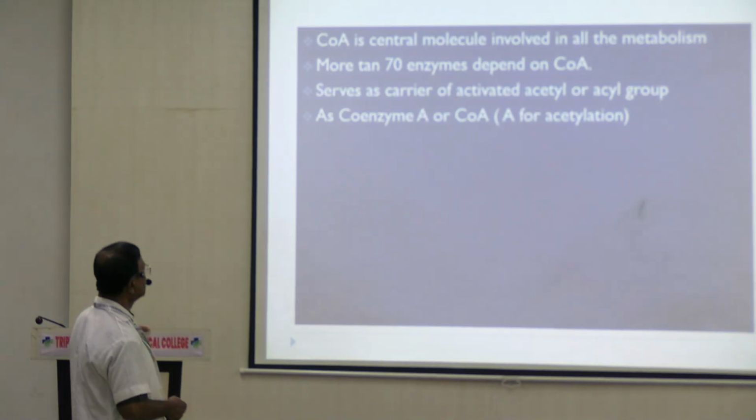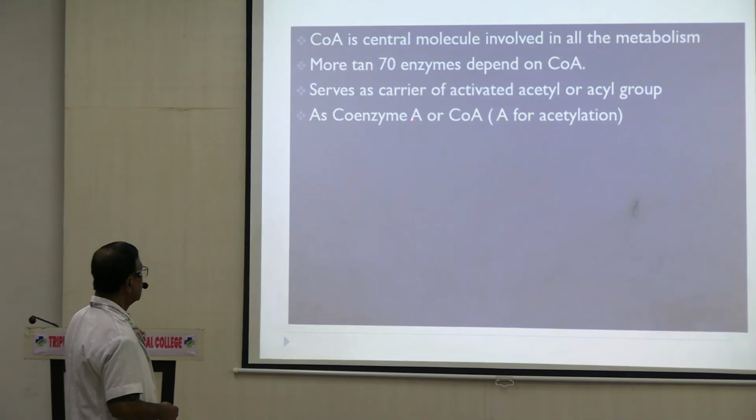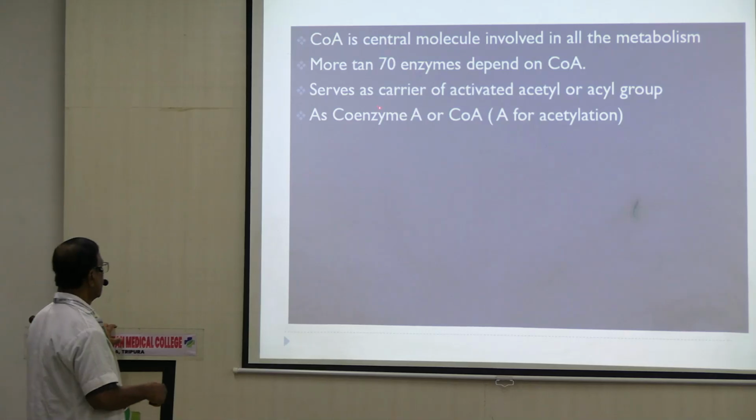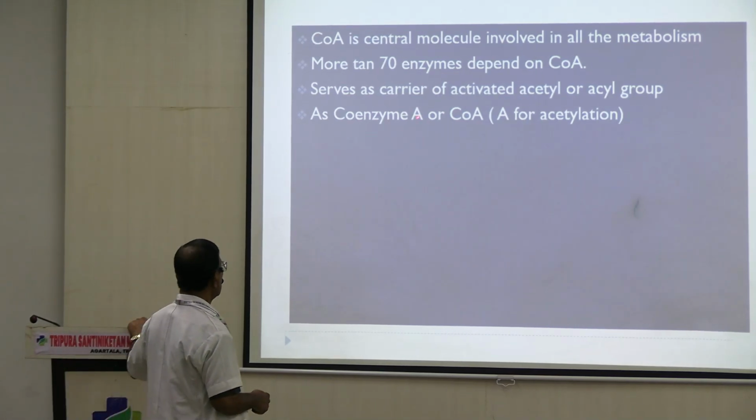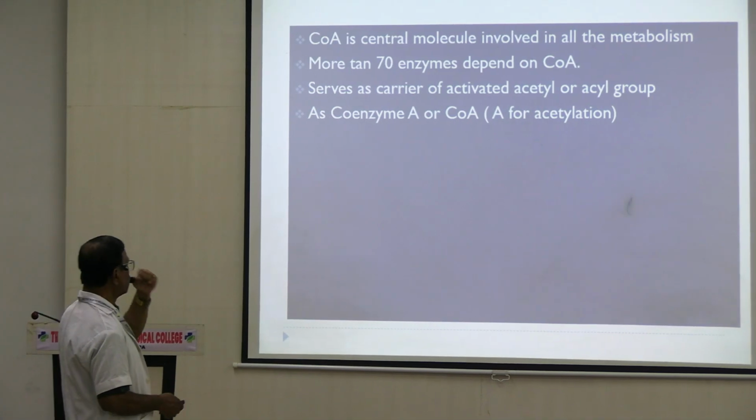More than 70 enzymes are dependent on coenzyme A. It serves as carrier of activated acyl or acetyl group, as coenzyme. It functions as coenzyme A, it is written like that only. A is for acetylation.